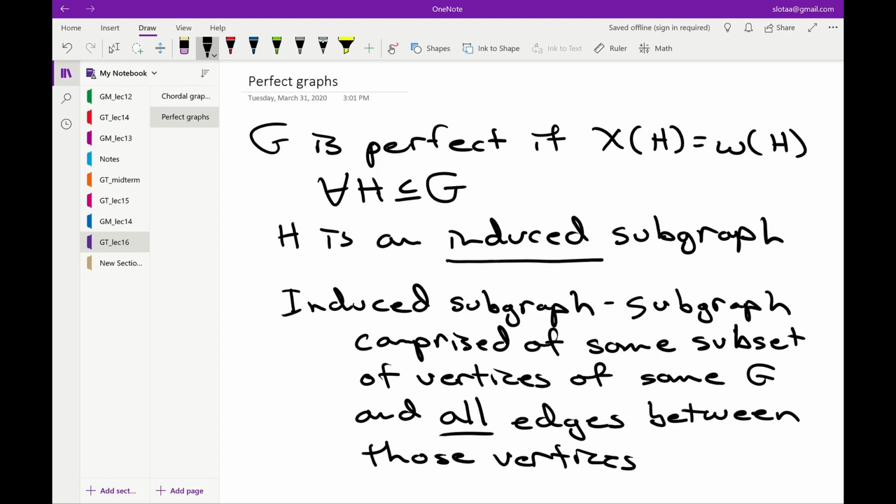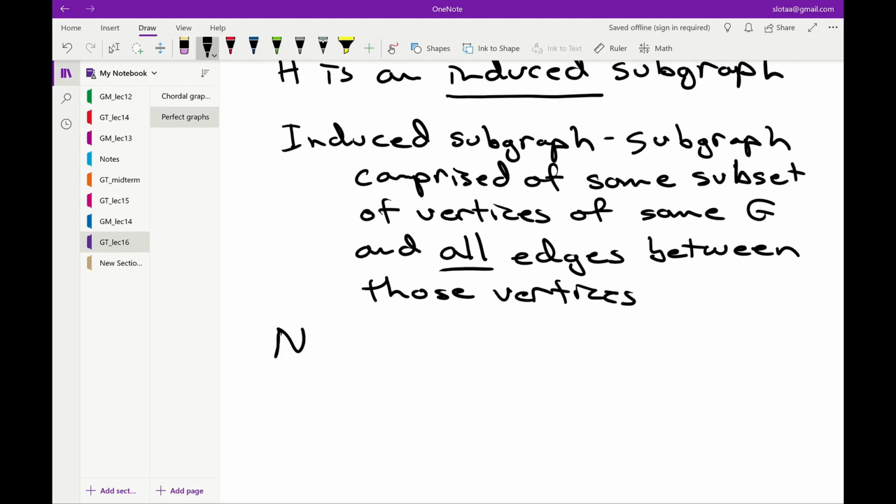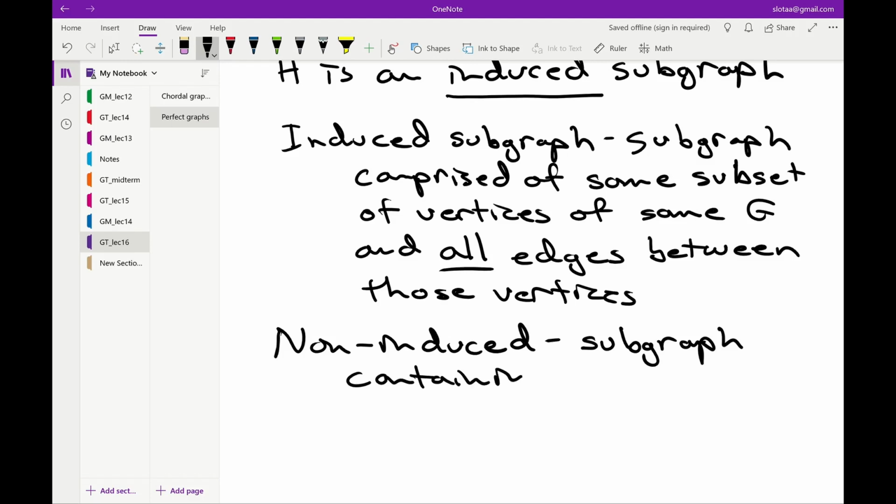So we'll draw an example in a second, and then we also have a non-induced subgraph, where effectively, to put it simply, it is a graph containing a subset of edges.